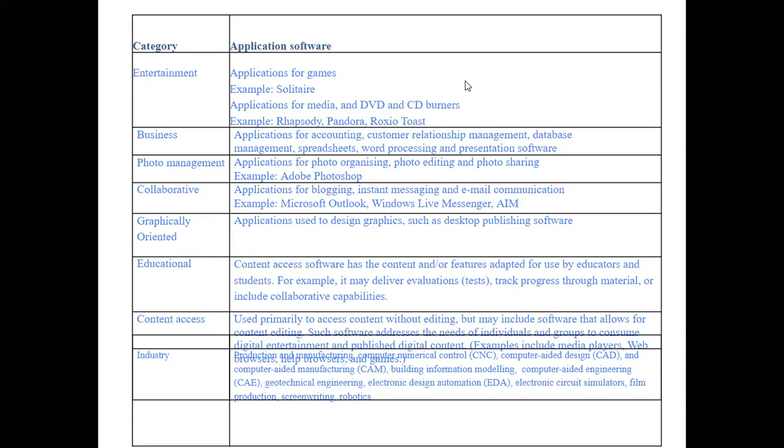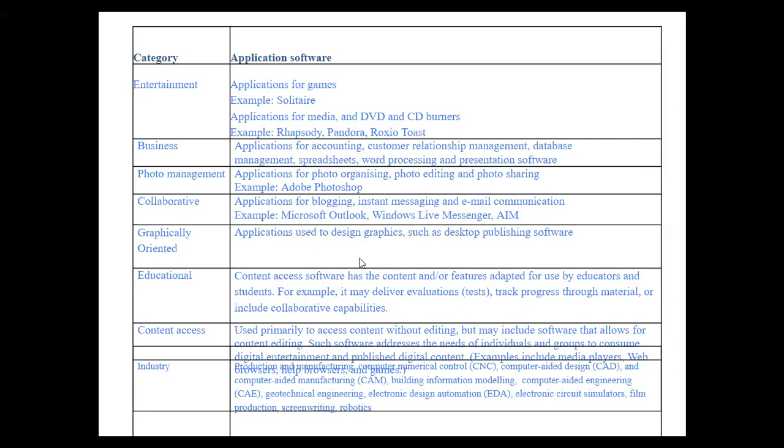So in the last lesson, when we had a quick overview, I asked some of us to go online and check through some of these things and get to understand how they work. In entertainment, these are examples of application software. We have those for games, for example, solitaire on your computer.